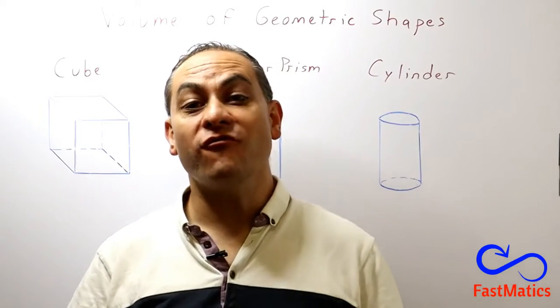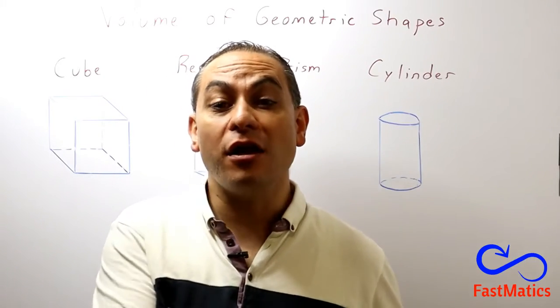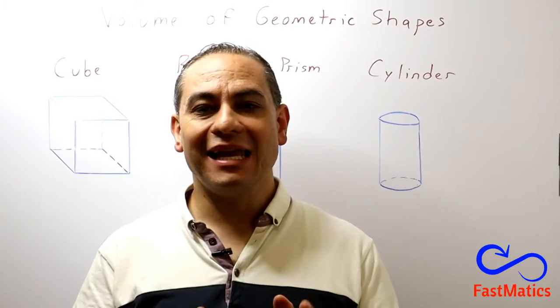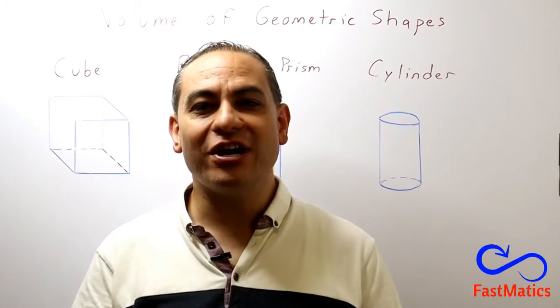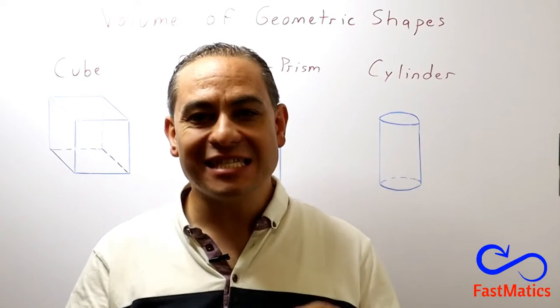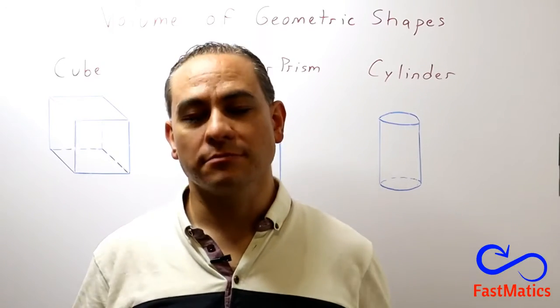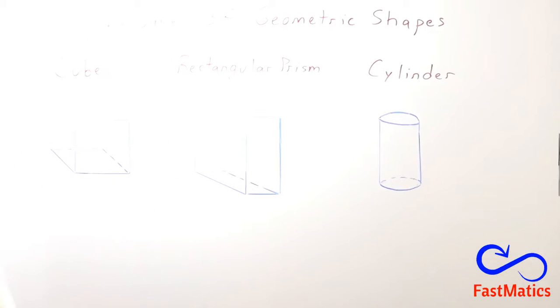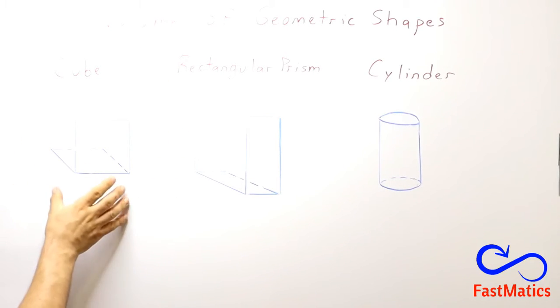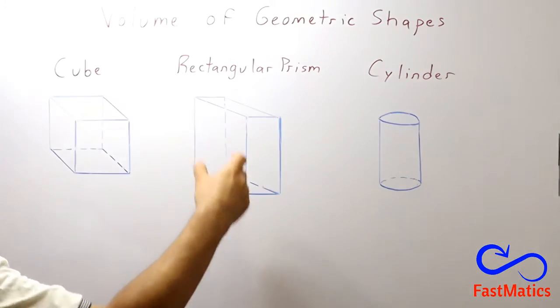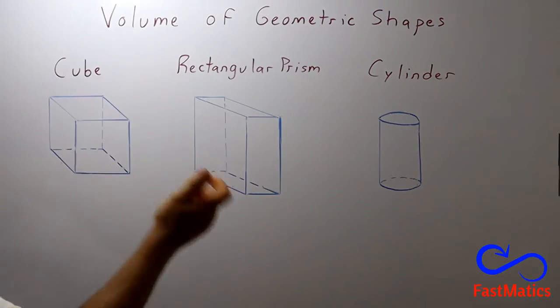What are the main formulas for finding volumes? Let me tell you, it is very easy if you see this subject like today we're going to see. First of all, we have to say that the formula for a cube, a rectangular prism, and a cylinder is the same.